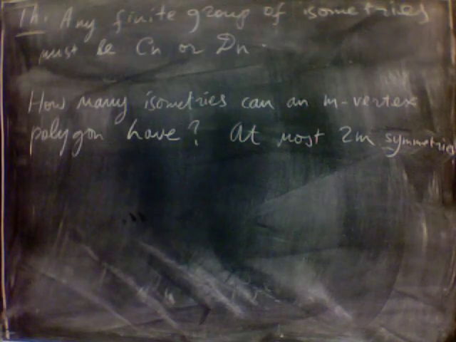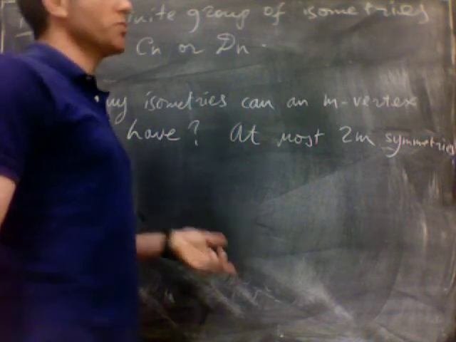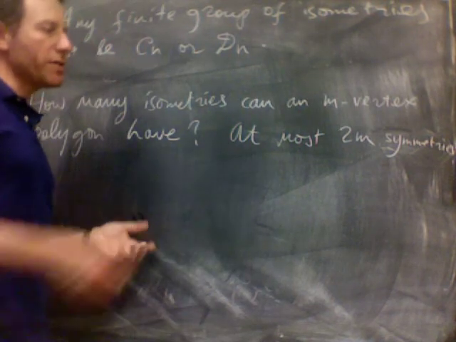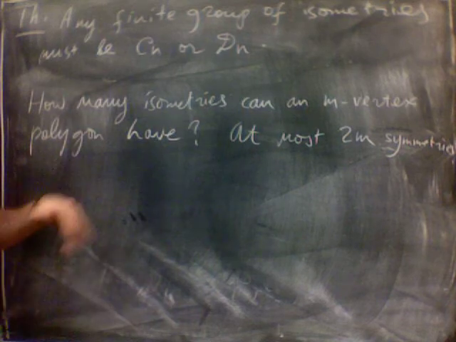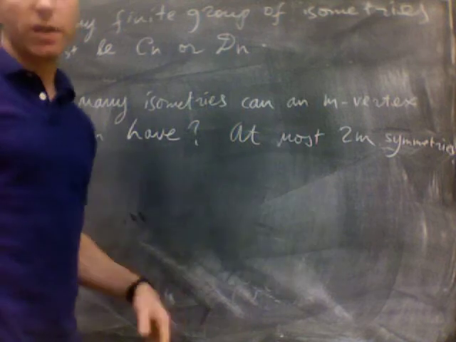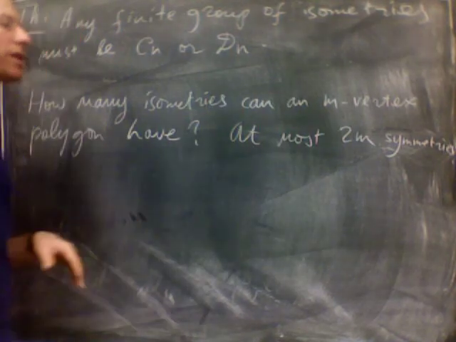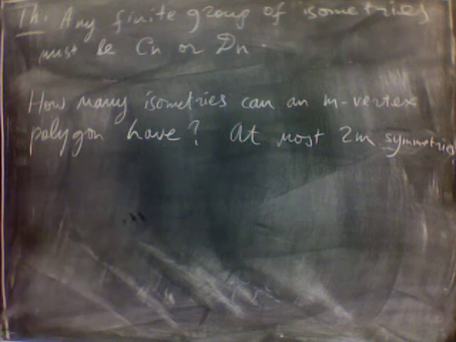And of course it can have less. After we decide where the first two vertices go, the rest will be determined. There is no more freedom, so we have at most 2m symmetries for an m vertex polygon in the plane.